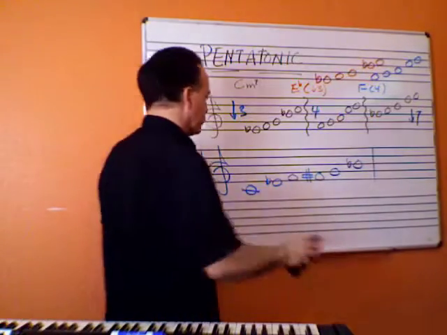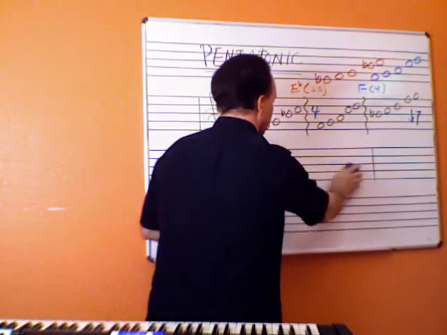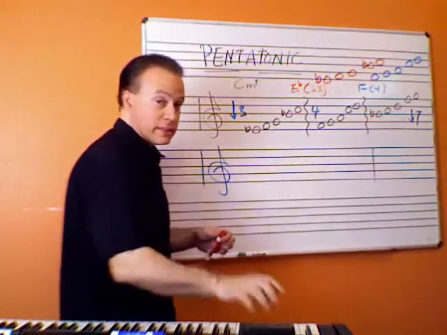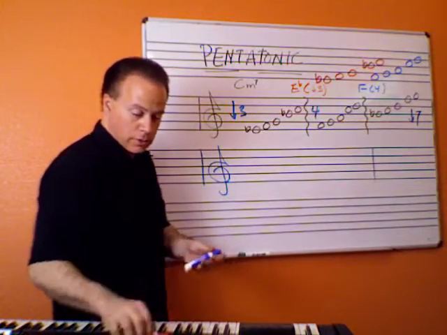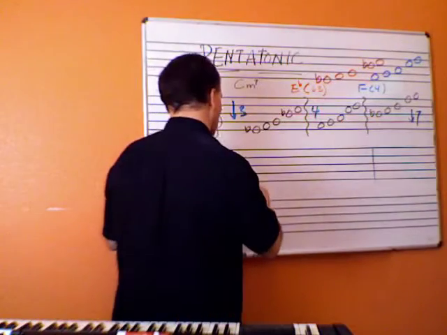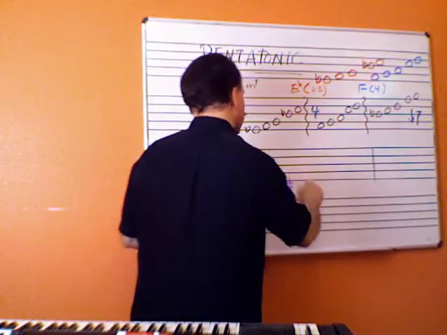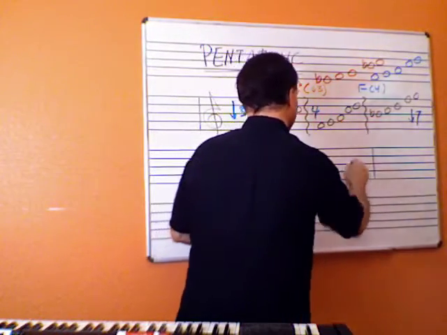The other blues scale we talked about was the Kansas City blues scale. Here's that one. Kansas City blues scale goes 1, 2, raised 2, 3, 5, and 6.